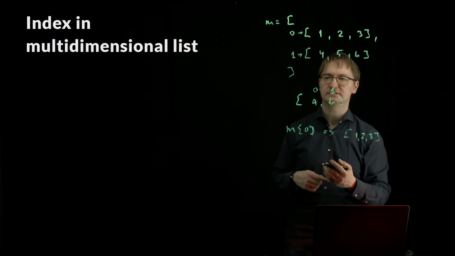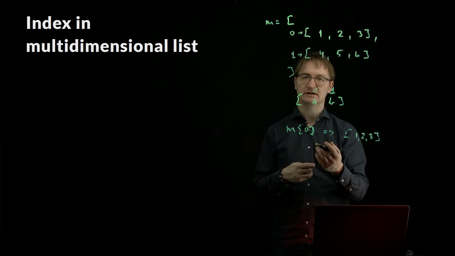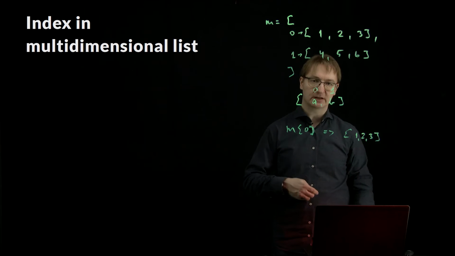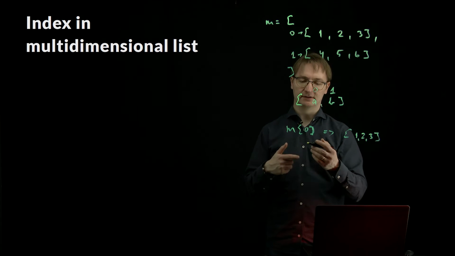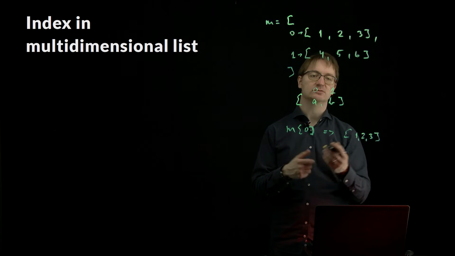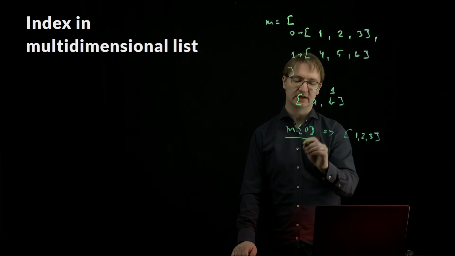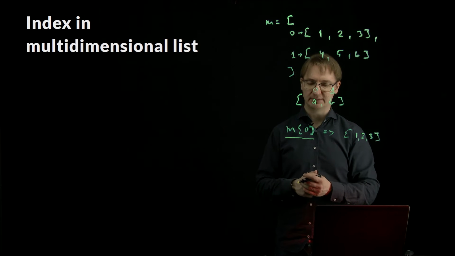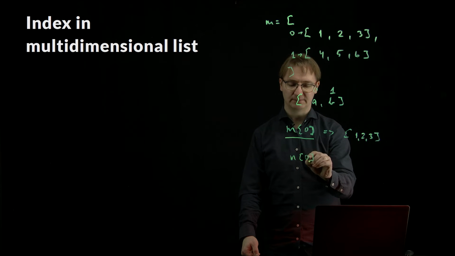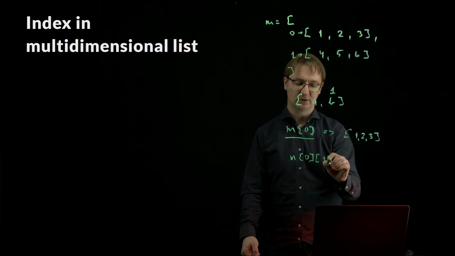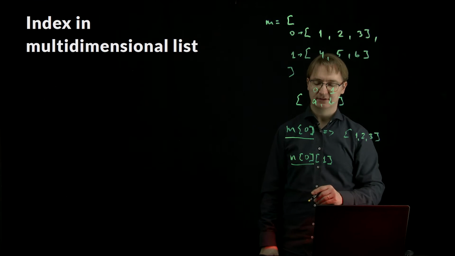Okay, this gives us the lists, but how to get elements inside the inner list? Here we can use what we have learned so far. We can use an index to point to a certain element of a list. So let's say this is a list, and if I would like to get a certain element of this list, I can use an index. I can apply, for example, 1, then I would get the second element of this list.